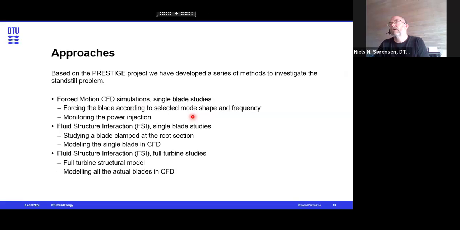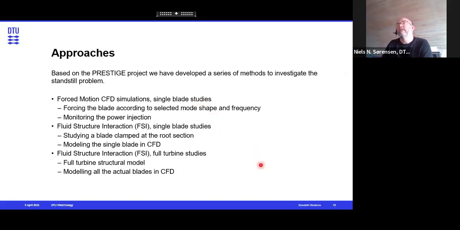The next option is to use a fully coupled aerodynamic model coupled to a structural model in the form of a fluid structure interaction. And we have used that for single blade studies as well, typically a blade section clamped at the root, and that can directly be compared to the forced motion studies.